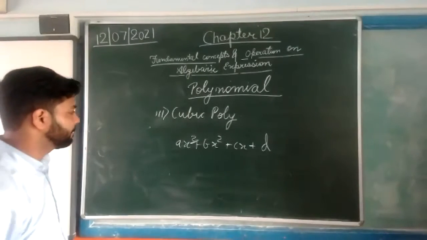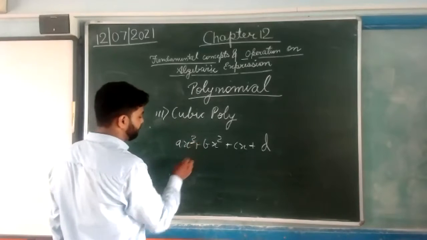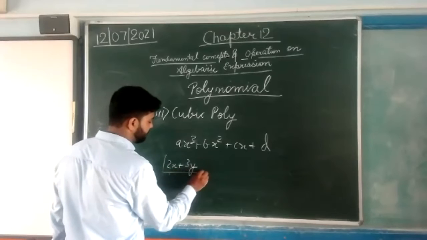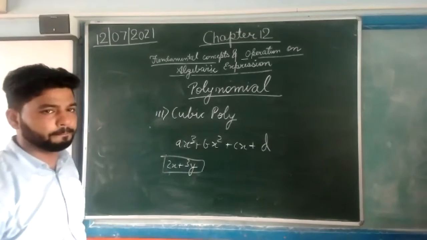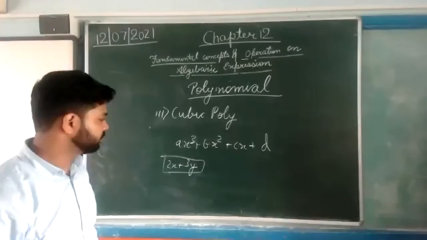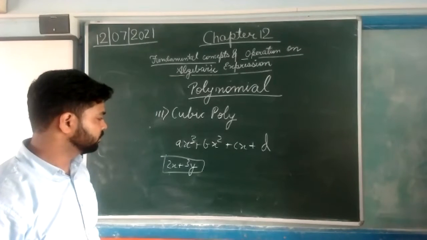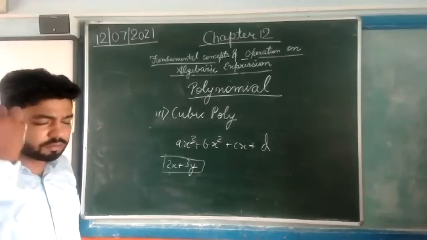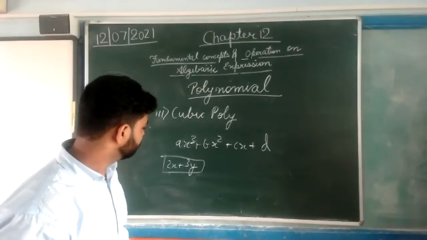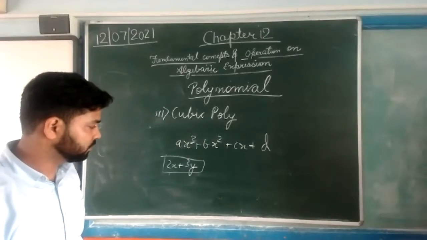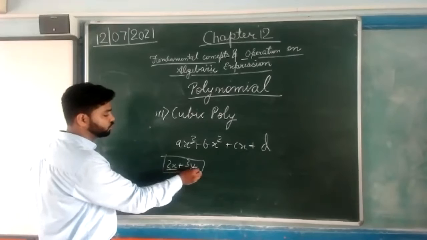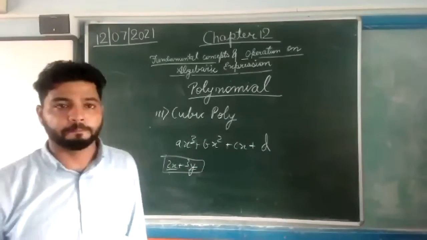And sir, if it is given 2x plus 3x, then we will say that it is giving the value of x, so it is a polynomial of one variable. Like if you write 2x plus 3y, it is having two variables.